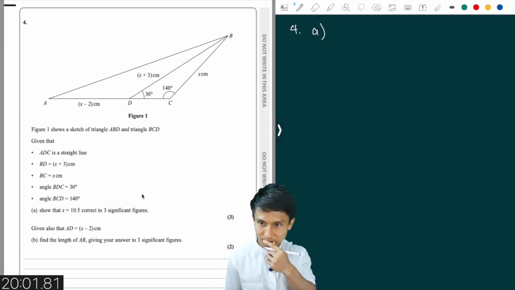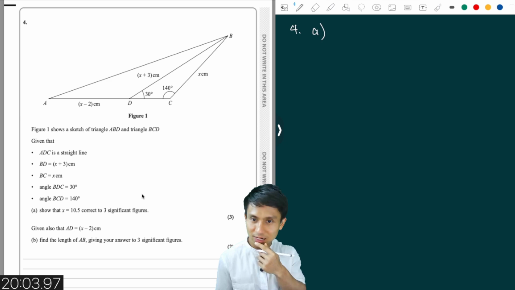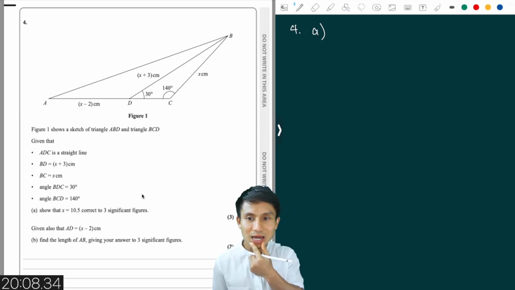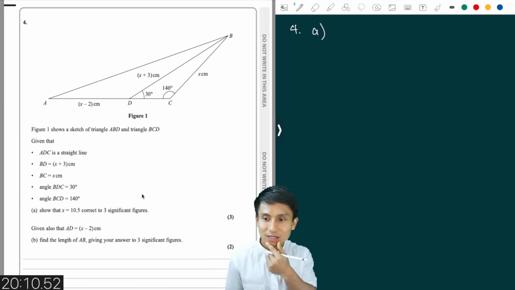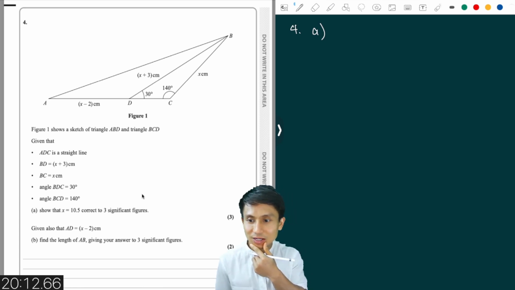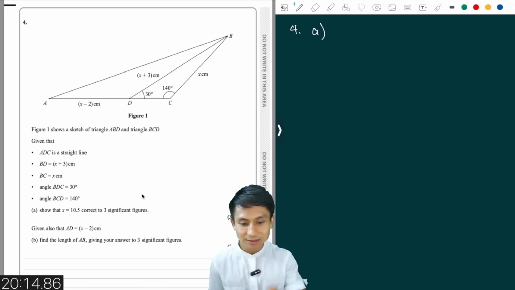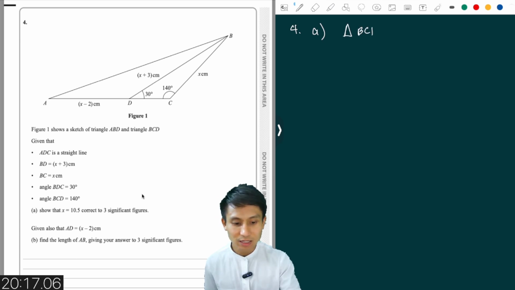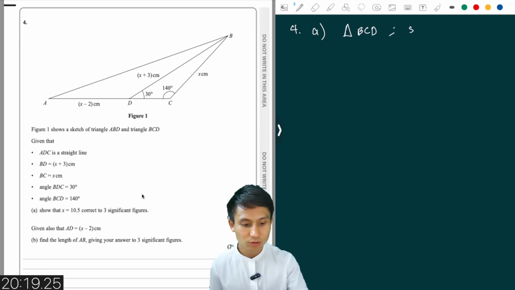So x is part of the length. The 3 lengths there. Let's see. Okay. I think we can use sine rule on the triangle BCD, yeah? So triangle BCD, we use sine rule. All right.